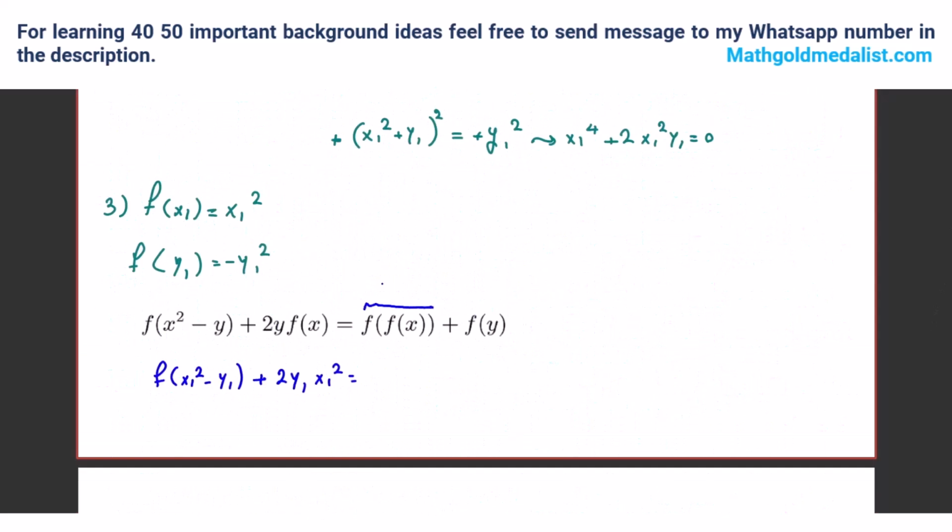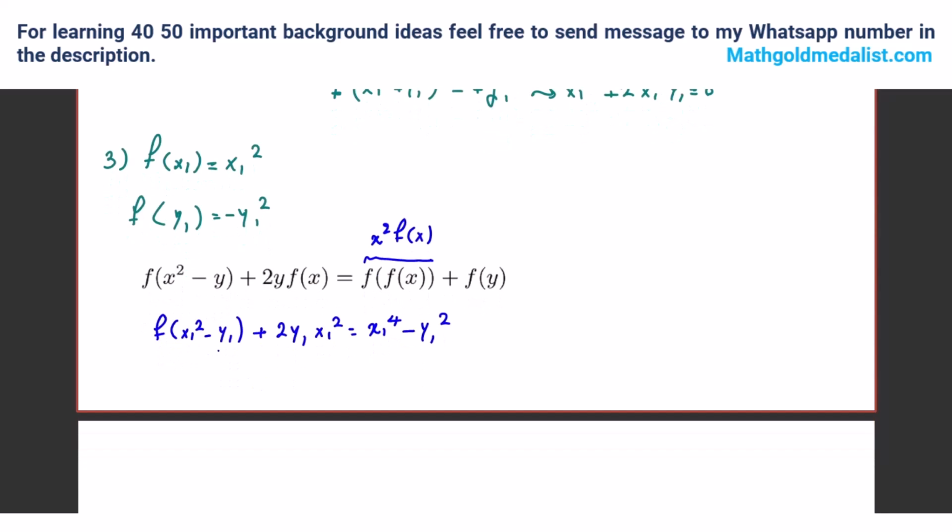So because this one is x squared f of x, and we know f of x1 is x1 squared, we get x1 to the 4 minus y1 squared, okay? And also we can say f of x1 squared plus y1 minus 2y1. Here we consider x1 and negative y1.